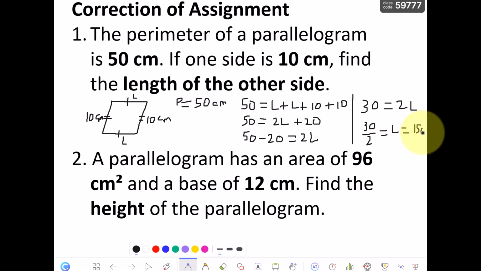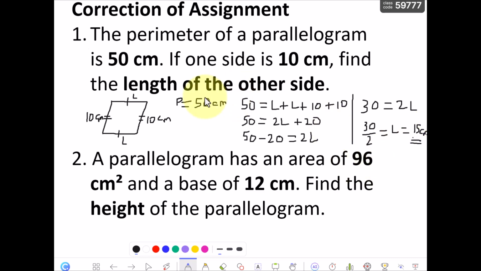Don't forget, this is area, you must put square on the unit. So 15 centimeter. Okay, no, this is not area, sorry. This is length we are looking for. So just put centimeter. It's only area you use centimeter square.